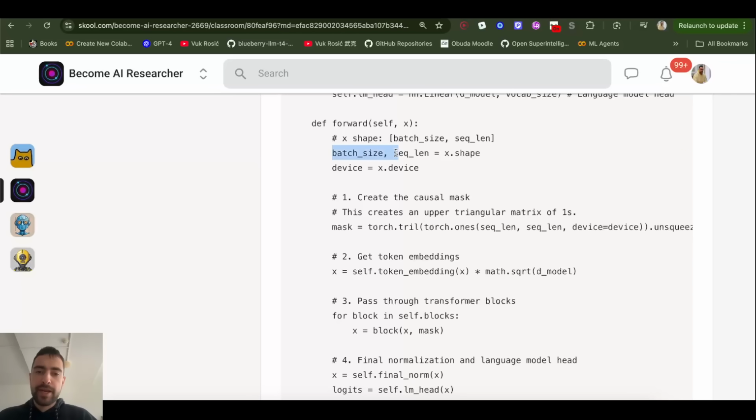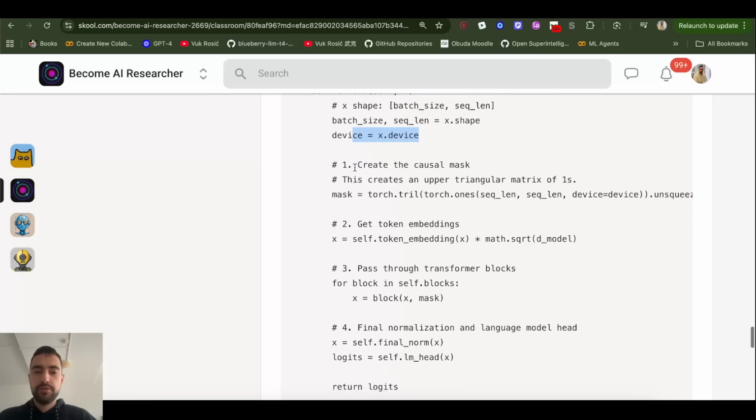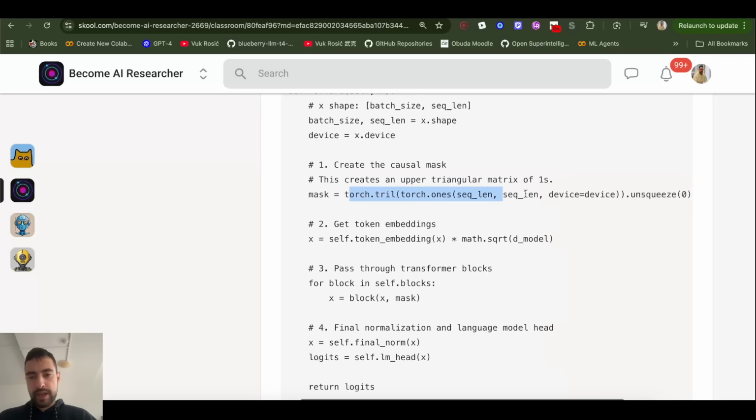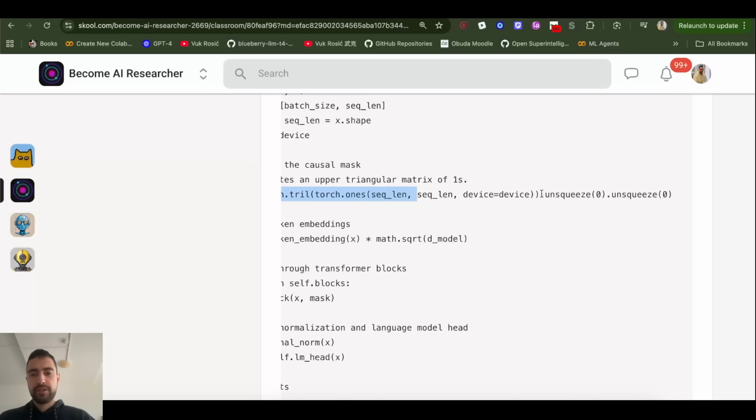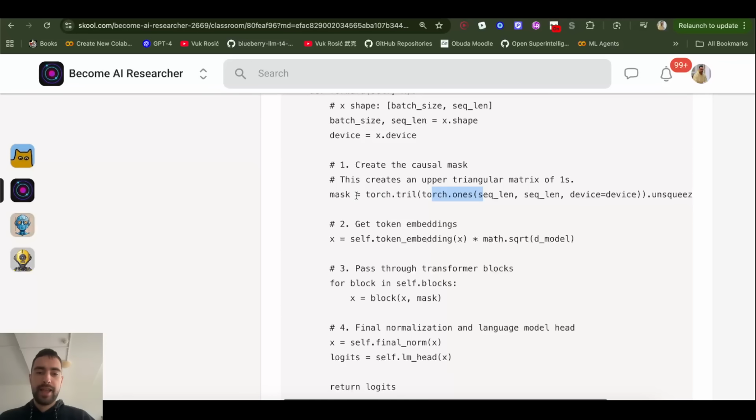We get our batch size, sequence length, the shapes. We get a device, which will be GPU. We can create masks here, or we can do it in the attention. So this is how we create the mask. As I said, I talked more about unsqueeze in my PyTorch fundamentals course in this school.